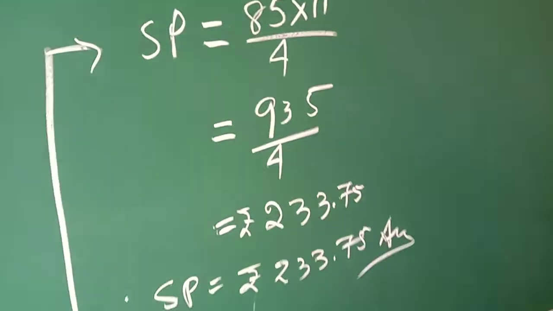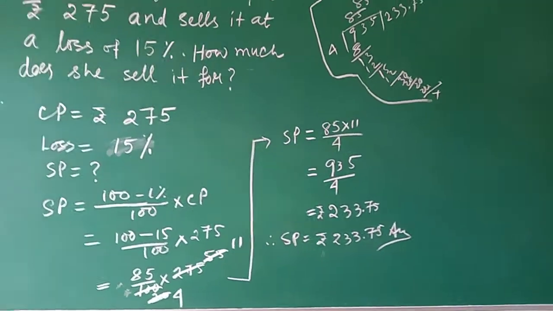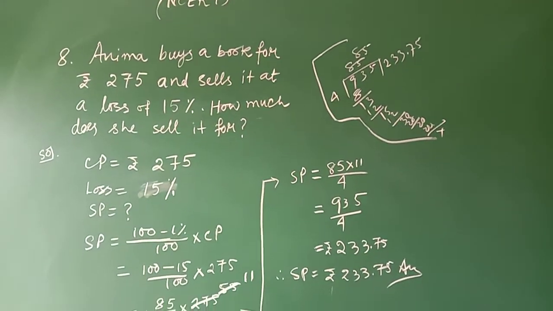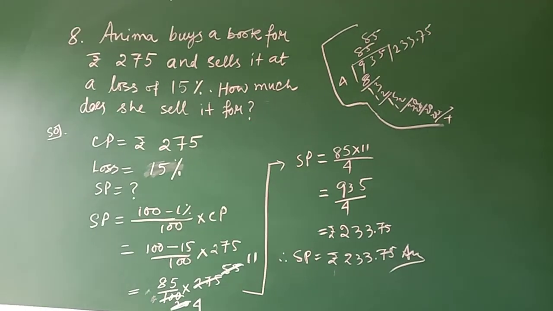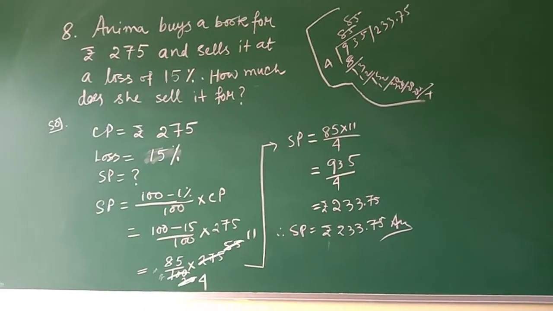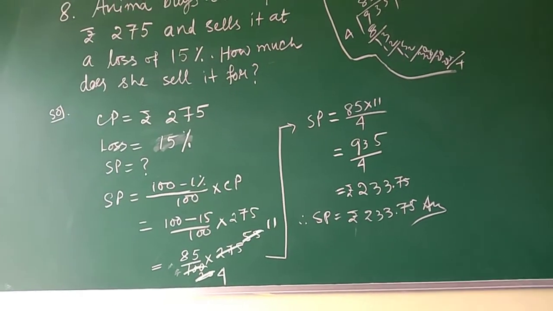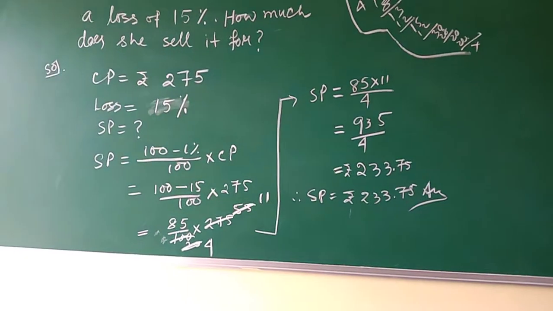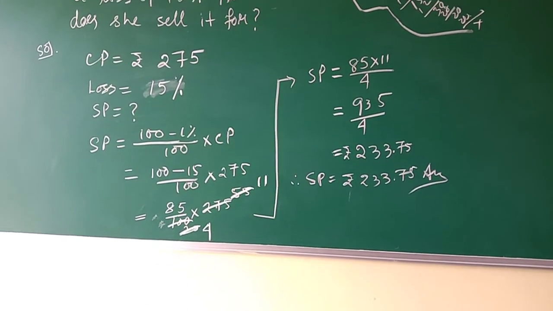And see the sum in the complete way. CP was given 275, loss 15%, SP was missing. To find SP, what you have to do? You will use the formula. First, when you are using formula, please write the formula in that form only. 100 minus loss percent by 100 into CP.